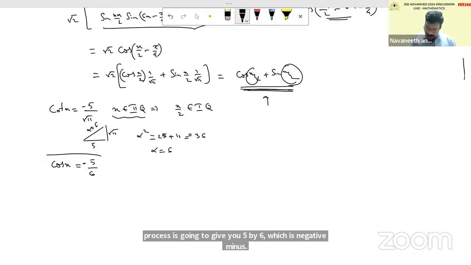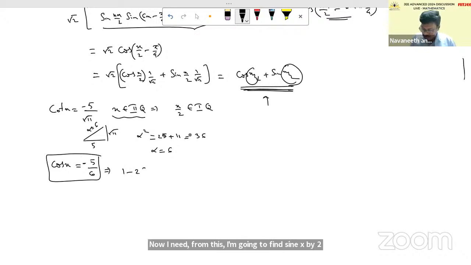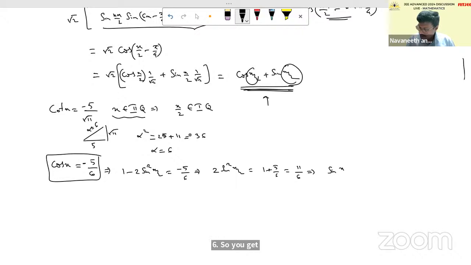Now from this, I'm going to find sin x by 2, cos x by 2. So as you all know that cos x, I can write 1 minus 2 sin square x by 2, which is going to give you minus 5 by 6. So I need 2 sin square x by 2 gives you 1 plus 5 by 6, which is 11 by 6. So you get sin x by 2 as root 11 by root 12.